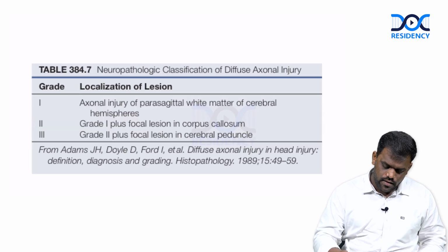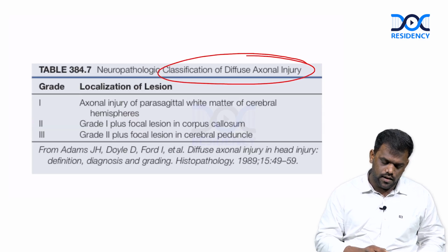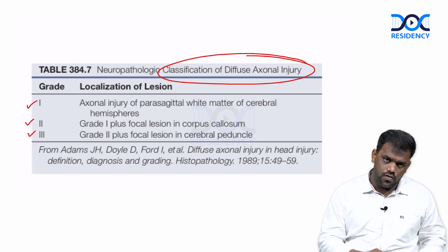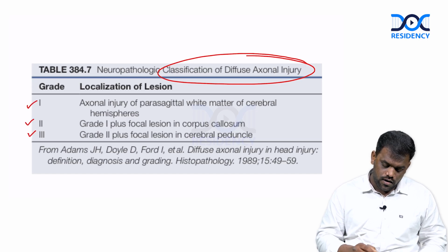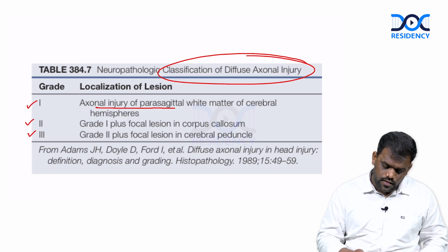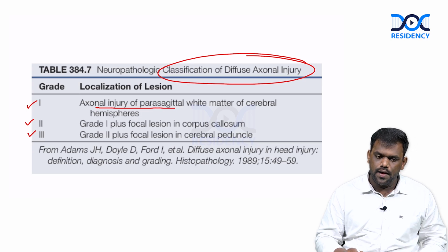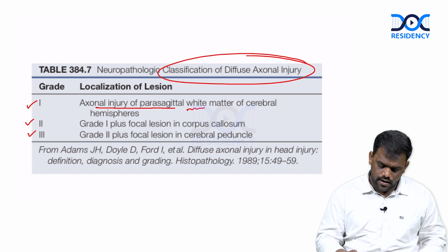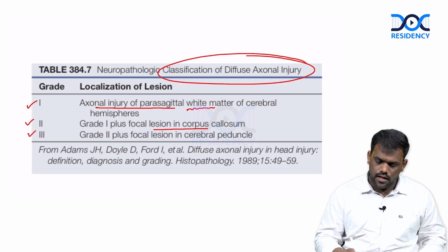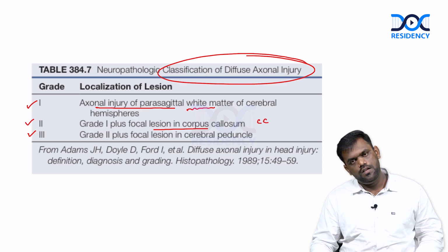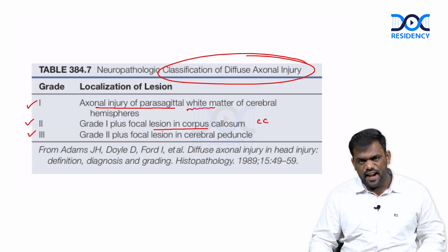This is the classification of diffuse axonal injury. You have 3 grades: grade 1, 2 and 3. What is grade 1? Axonal injury of the parasagittal white matter of the cerebral hemisphere. It is only present in the white matter. Grade 2 is grade 1 with a focal lesion in the corpus callosum. What is grade 3?